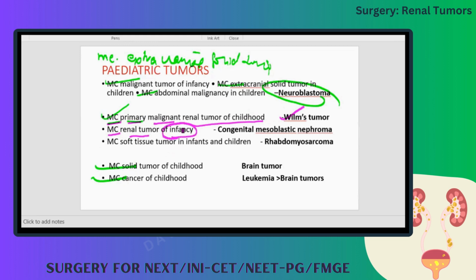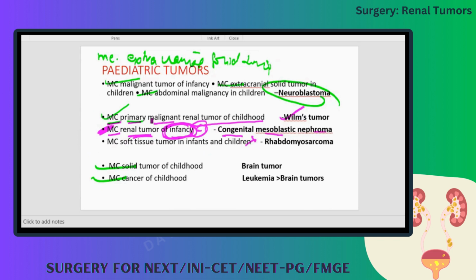It is only in less than 1 year. They're not asking malignancy, they're just asking renal tumor. It is congenital mesoblastic nephroma. The question will be same. Most common renal tumor of infancy is congenital mesoblastic nephroma. Most common soft tissue is not necessary, just for completion.